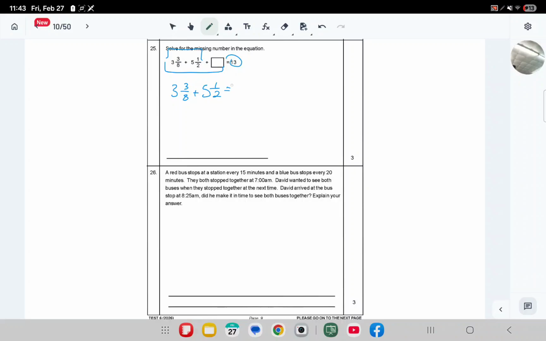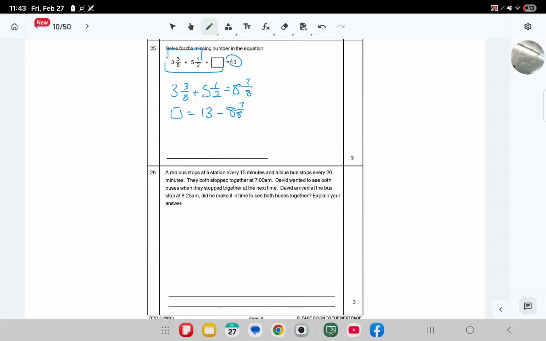So that will be giving us 8 and 7/8. From here now, we know when you add these numbers together, you get 13. So to find out what the missing number is, it will be the total, take away the sum of the given numbers, which is 8 and 7/8.